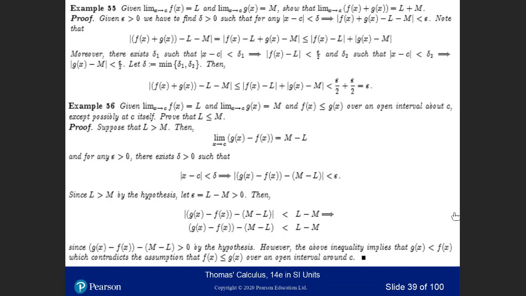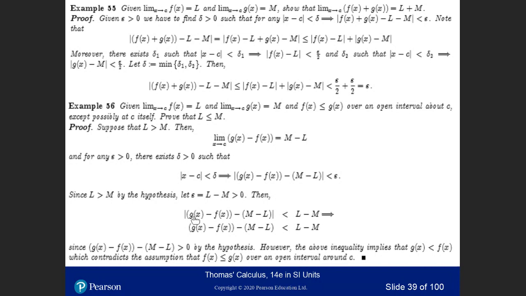So let's continue. The absolute value of g of x minus f of x minus the quantity M minus L must be less than L minus M. That's the epsilon I choose.